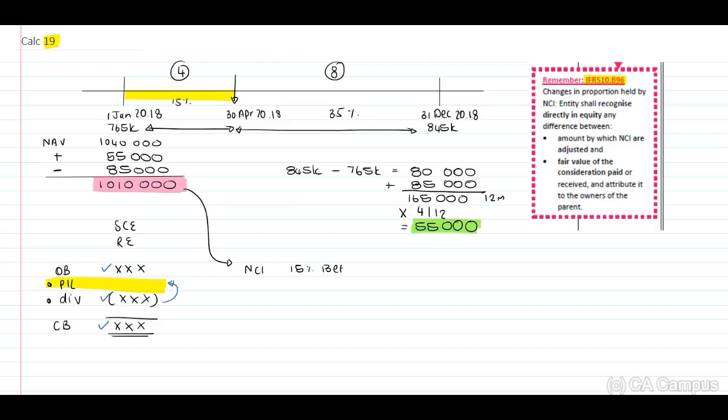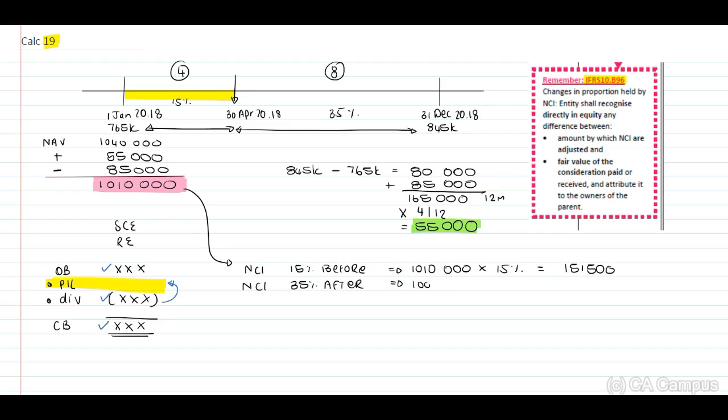Now we need to determine what is the NCI's value before the change. Therefore, 15%. Before the change will be the 1,010,000 times 15%, and this is a value of 151,500. Then, what is the NCI's value after the change? At 35%.